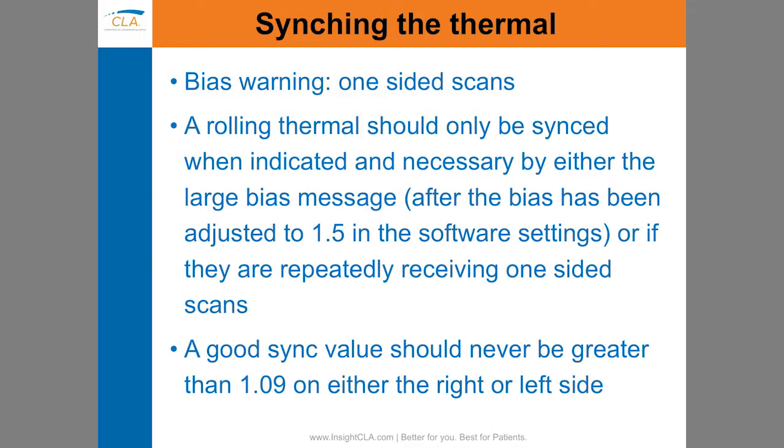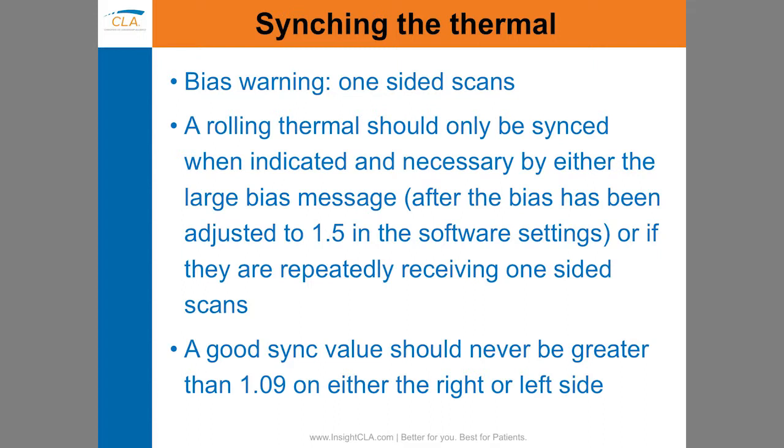So the engineers and myself embedded in your software the ability for you to get a flag or a notification that you're getting a one-sided scan. This can come about by poor acquisition. Sometimes an examiner is going too quickly. Sometimes they're tilting the thermal scanner away from the skin, so one side is shooting up into the air and it's not looking at it directly. And it's going to flag it if you get a one-sided scan.